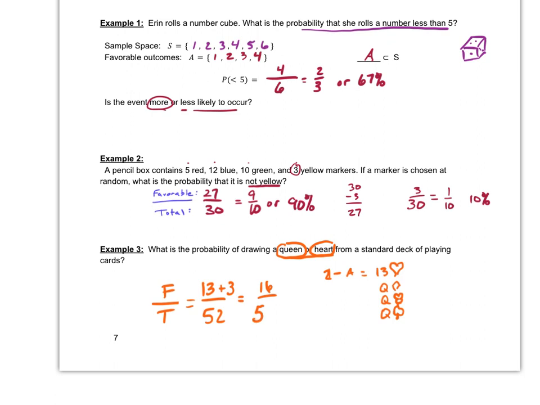to be 16 over 52 probability, which is going to simplify down to 4 over, no, it's not going to be 4 over 13. Let's see, it's going to be 8 over 26.